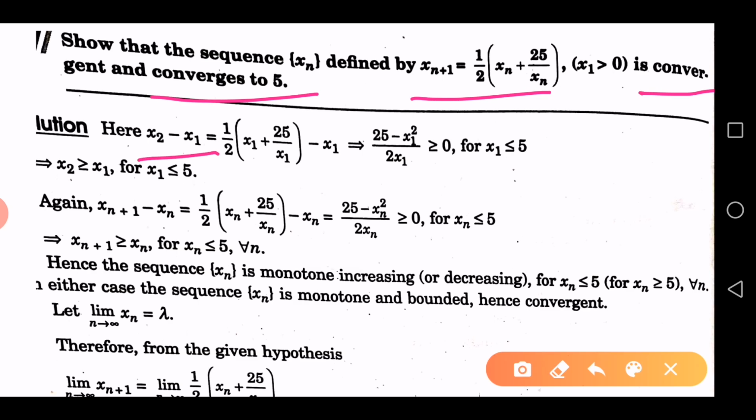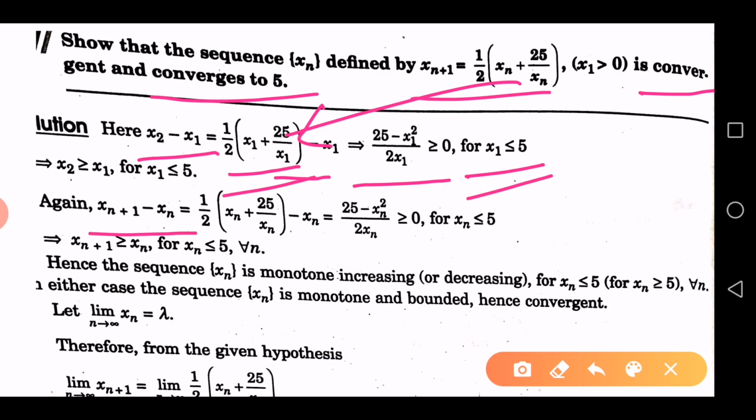First, x_2 minus x_1, putting n equal to 1, minus x_1, subtracting we have 25 minus x_1 square by 2x_1, which is greater than or equal to 0 for x_1 less than or equal to 5. Similarly, x_{n+1} minus x_n is also greater than or equal to 0 for x_n less than or equal to 5.